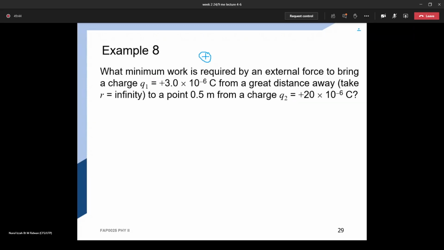I make it a very small Q1. So this is Q1. And then you want to bring this from infinity, means it's a very far away distance, towards a point which is 0.5 from charge 2. So this is the initial position. This is the final position.